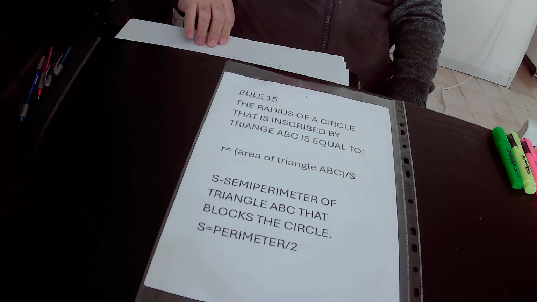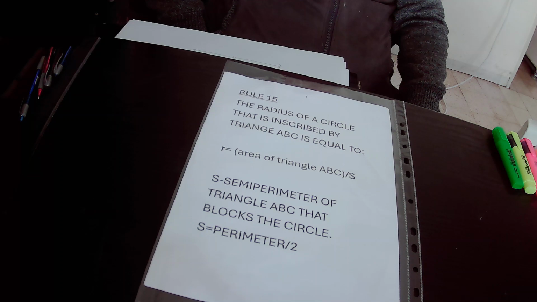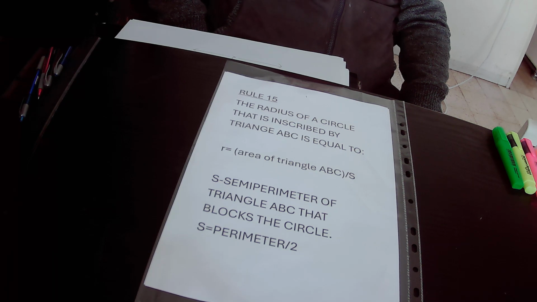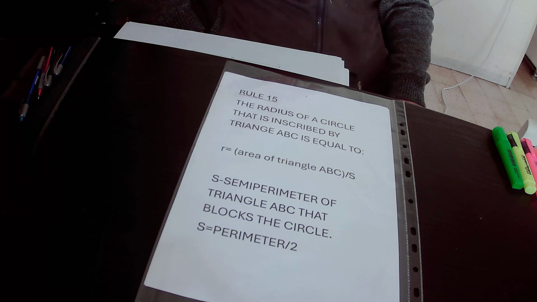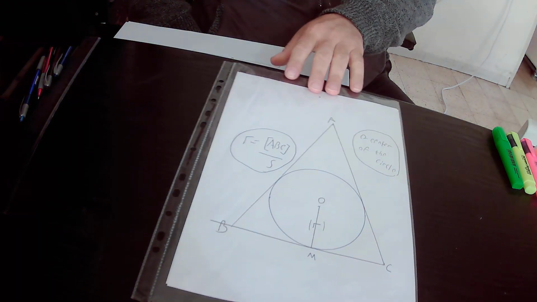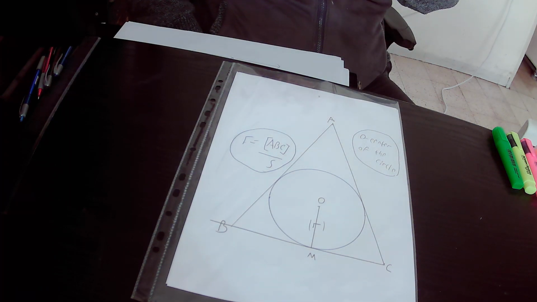According to rule number 15, the radius R of a circle that is inscribed in triangle ABC, which could be any triangle, equals the area of triangle ABC over S. S is the semi-perimeter of triangle ABC, and the semi-perimeter of any triangle equals the perimeter over 2. This is the drawing of rule number 15.